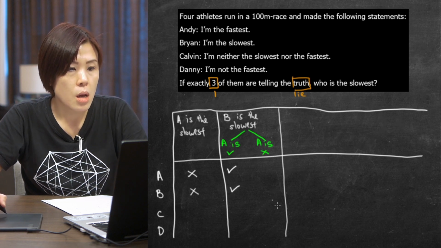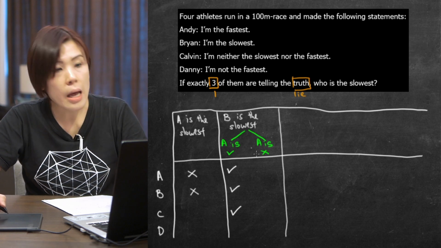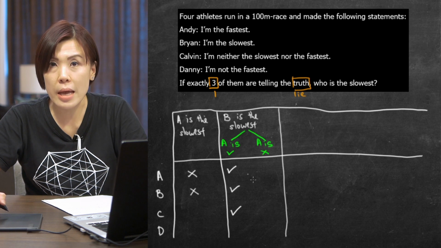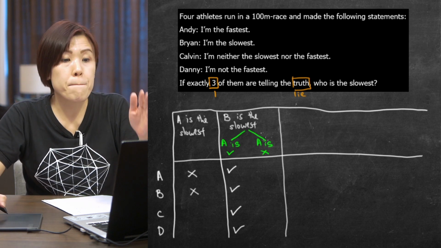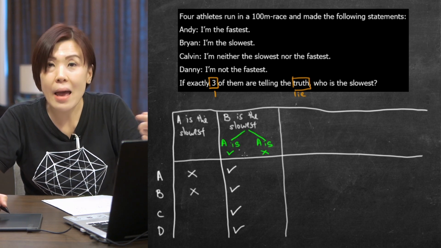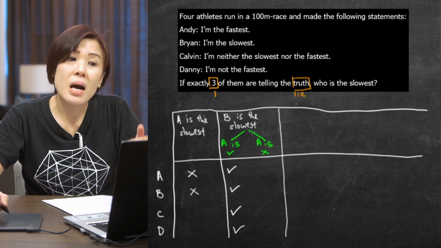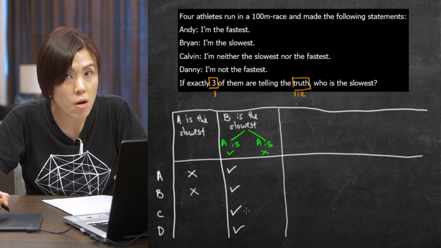So I put a tick here. Danny says that I'm not the fastest, which means he is also telling the truth, because the fastest is Andy. So I'll put the tick here. So by making these assumptions, where B is the slowest and A is telling the truth, which means A is the fastest, we have 4 persons telling the truth. But the pastor says that only 3 of them are telling the truth, which means this assumption is again not valid.